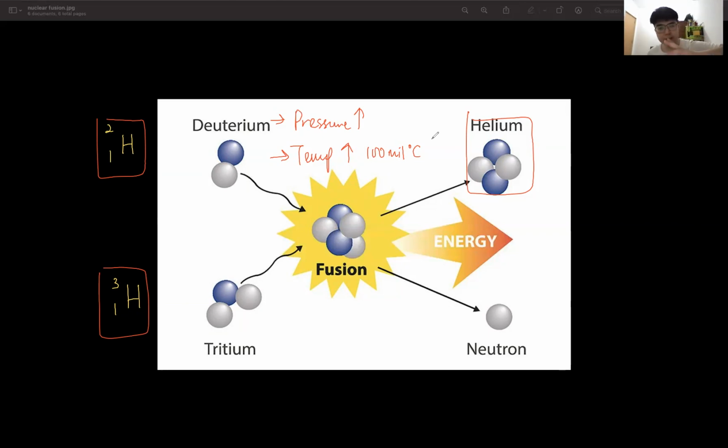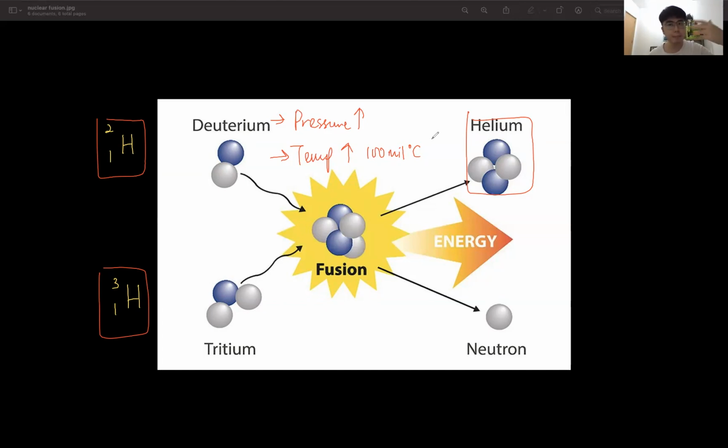The disadvantage of nuclear fusion is that it is very hard to control, and also very hard to produce. That is why until today they are still not able to create nuclear fusion in the lab. So it is only possible in massive objects like the stars.